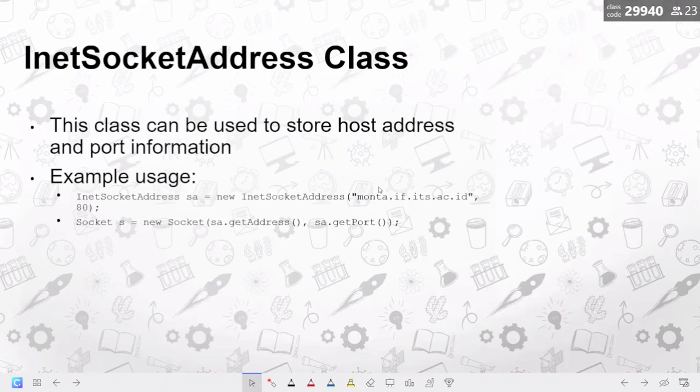So even though the socket is closed, you can get the IP address and the port information. So here, I can store the host name or the IP address and the port number into this variable. And then when I create the socket, instead of mentioning the host name and the port number, I just call sa.getAddress or sa.getPort.